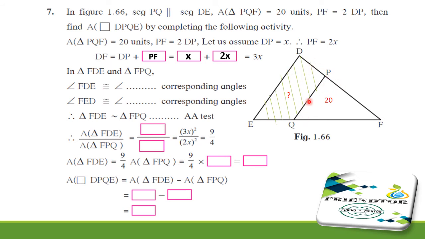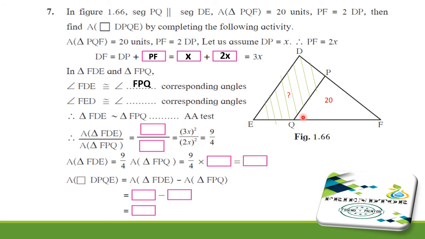Since PQ is parallel to DE, we are getting these corresponding angles. Not in the context of similarity, but in the context of parallel lines, to angle FDE the corresponding angle is FPQ. Now for angle FED, in the context of parallel lines, DE is parallel to PQ, which angle is corresponding to angle E?